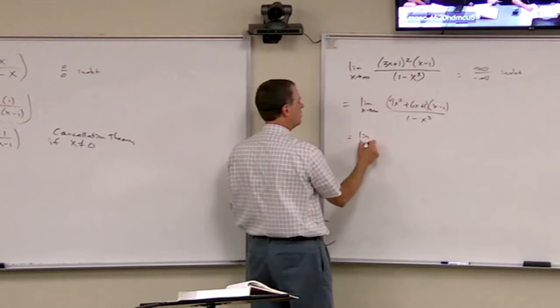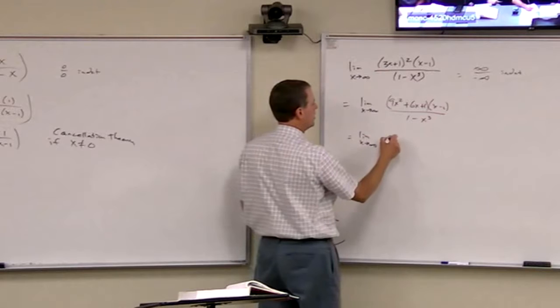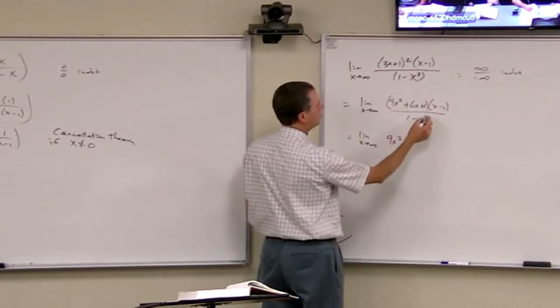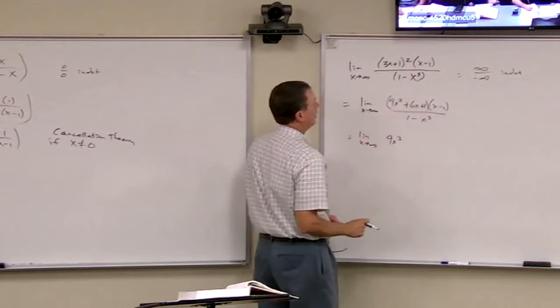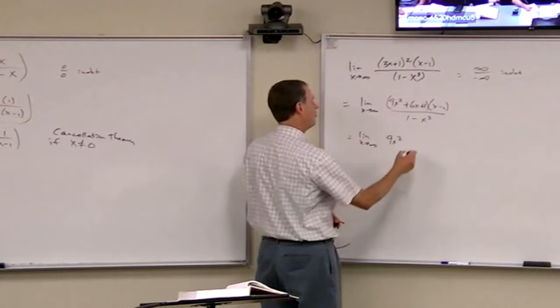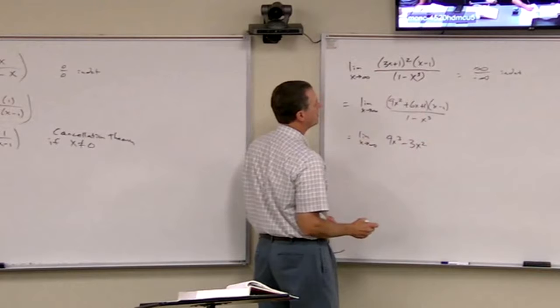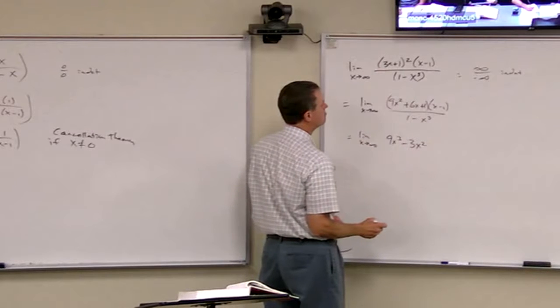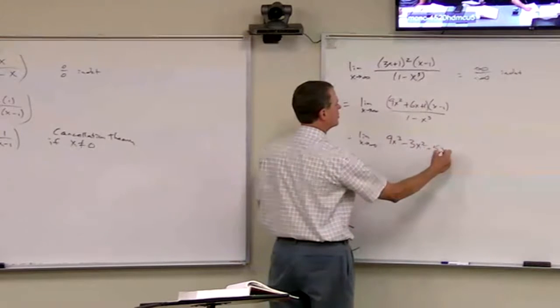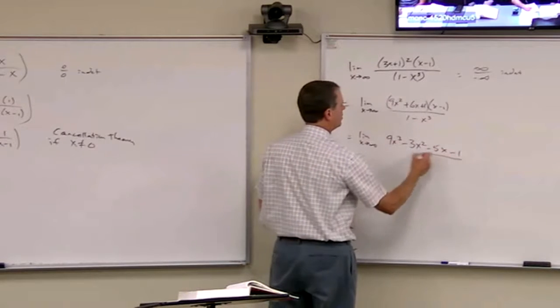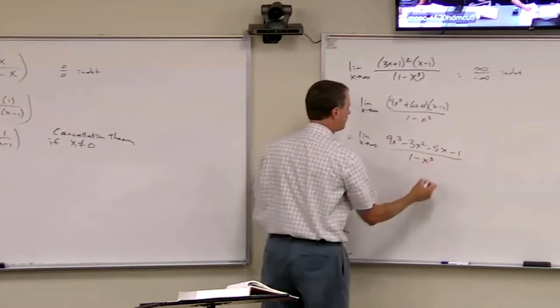Let's distribute again. The 9x cubed minus 9x squared plus 6x squared is minus 3x squared. 1x minus 6x minus 5x minus 1 over 1 minus 6.